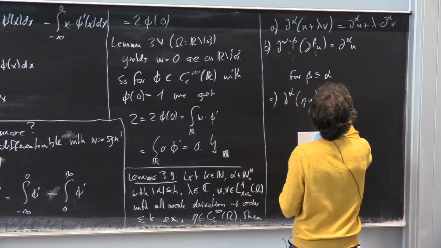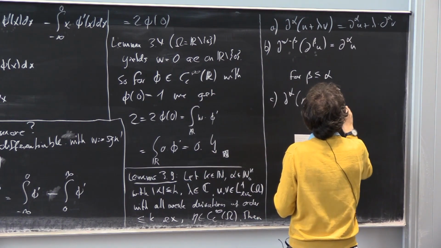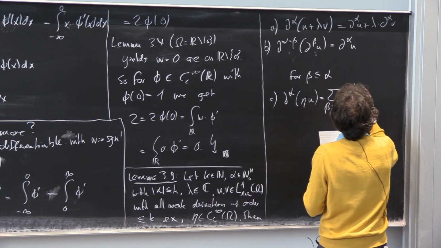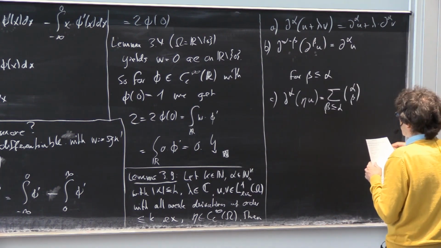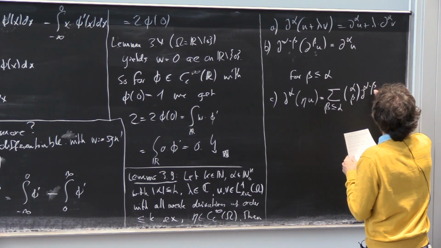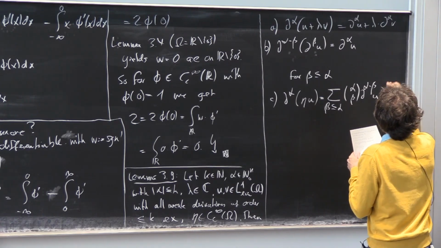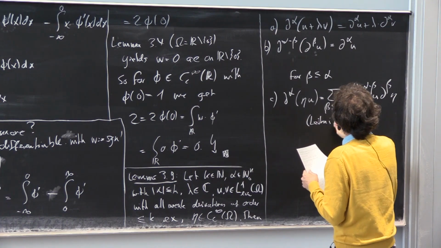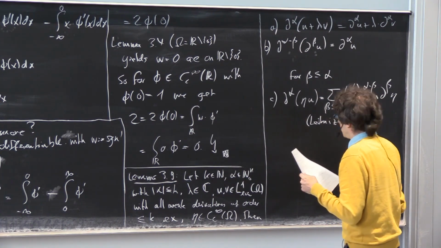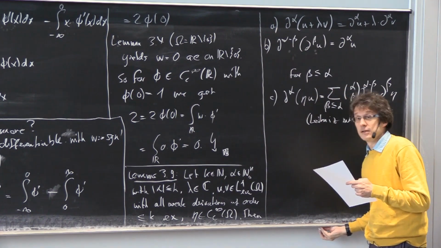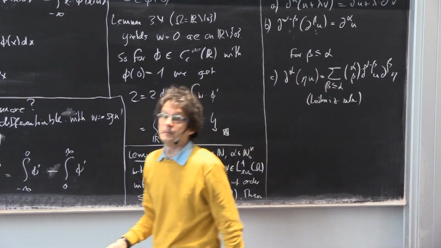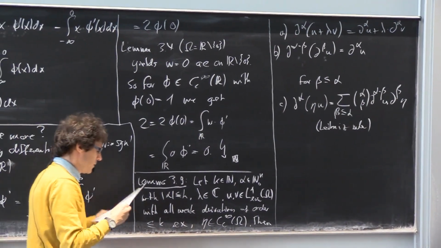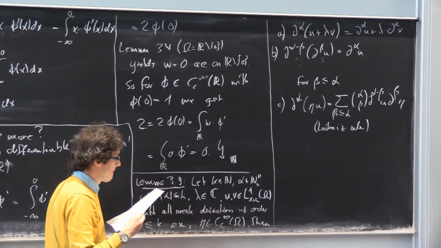This is the sum over all multi-indices beta less than alpha, the multi-index binomial coefficient alpha over beta, d^(alpha minus beta) u, d^beta eta. So this is the Leibniz rule for weak derivatives, and you need one of the two factors to be smooth. And you will see in the proof why.